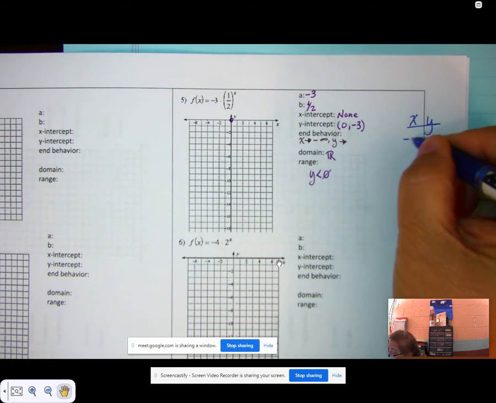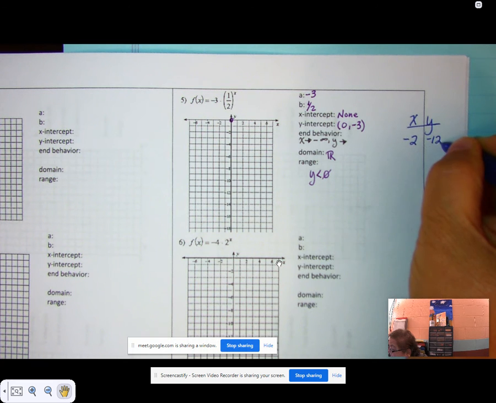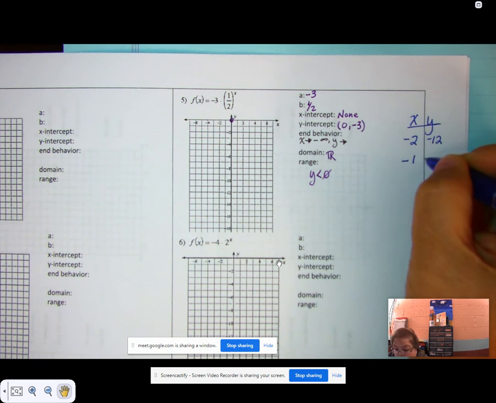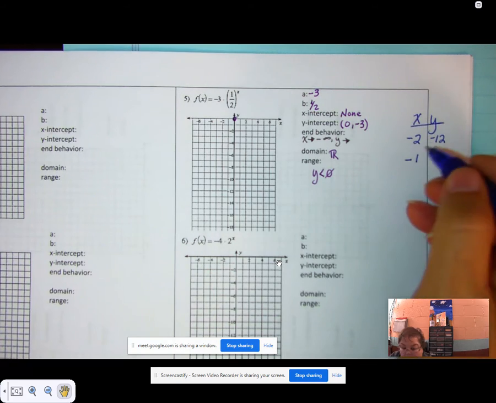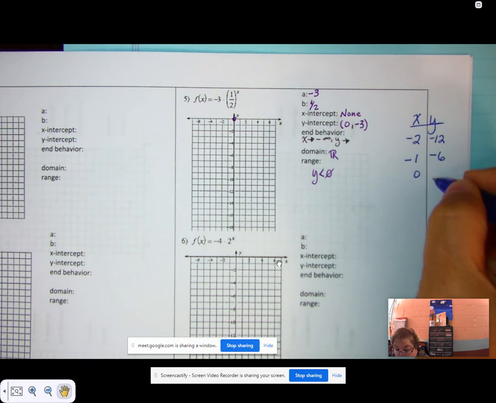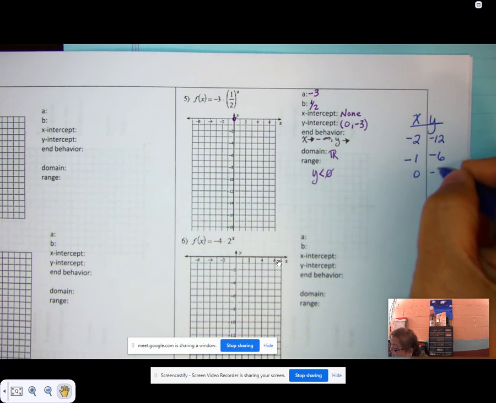We're going to start with negative 2. So when x is negative 2, y is negative 12. When x is negative 1, y is negative 6. When x is 0, y is negative 3.